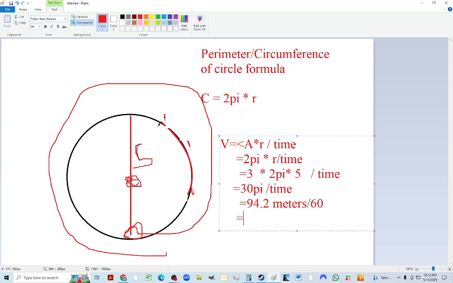And that ends up being roughly 1.53 meters per second. So it drastically changed when my Ferris wheel went around 3 times in 60 seconds. It went 3 times as fast. Well, I can always just save myself time by using this formula instead of figuring out all the nitpicky stuff down here. But I want you to understand what they're measuring. I also want you to understand this.